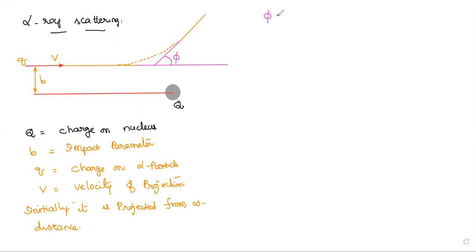That phi I'm taking here as the angle of scattering. So in this case, what I'm going to find out is the relation between this angle of scattering and B.